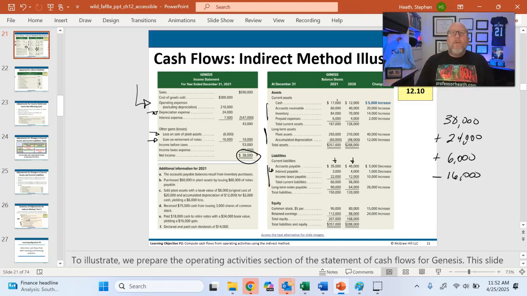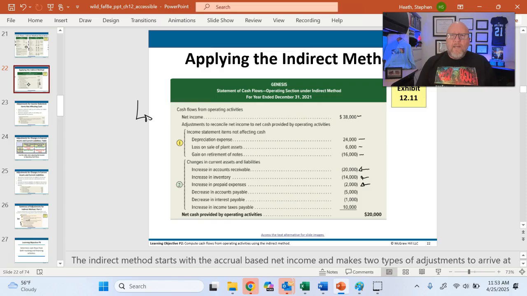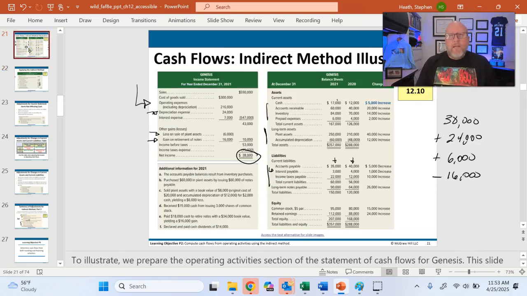If my accounts payable goes down, it must be that I used cash. So a decrease in accounts payable is a decrease in cash. So here again, we are subtracting my decrease in a current liability.